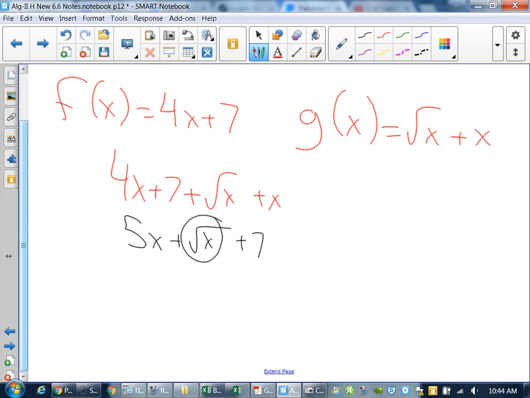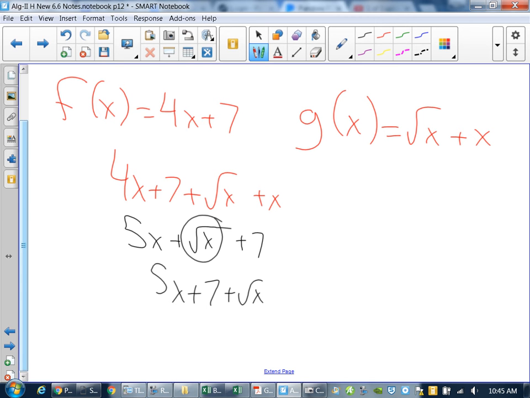Is it the end of the world if you wrote 5x plus 7 plus the square root of x, so that you don't accidentally extend the radical? It's okay. It means the same thing to me. Personally, I probably would have written it like the last one, so I don't accidentally overextend the radical.